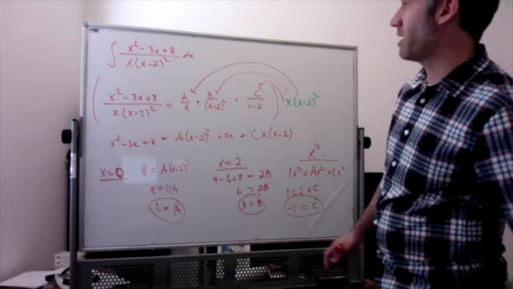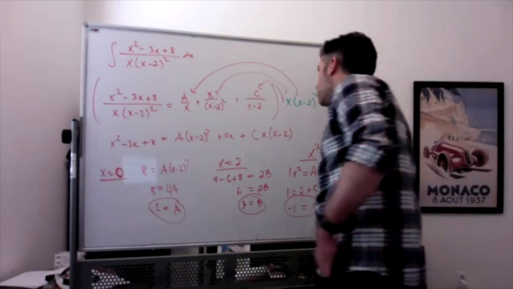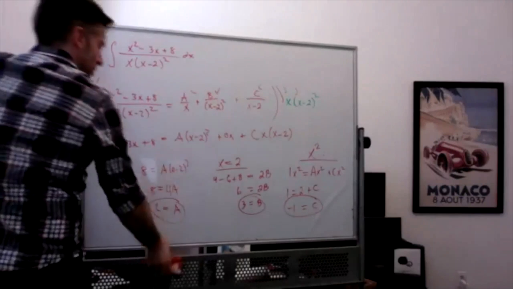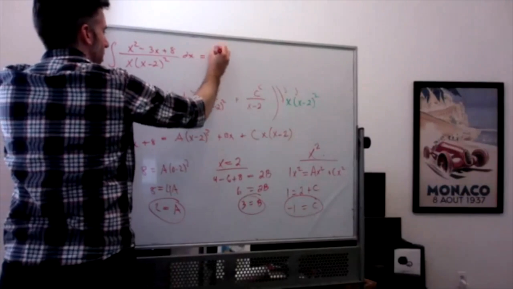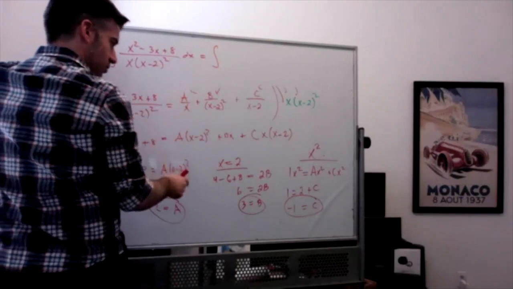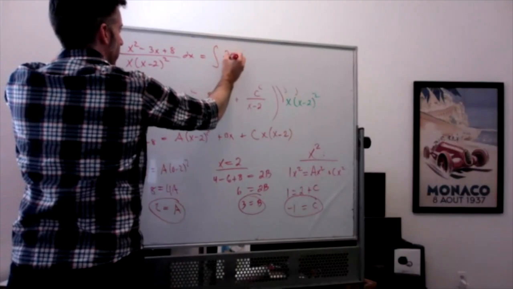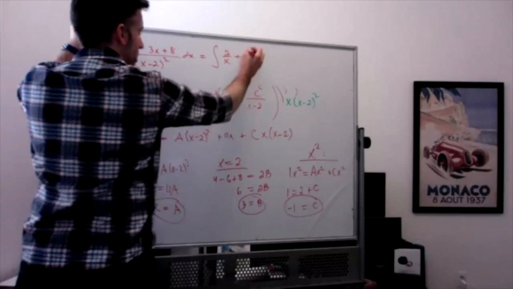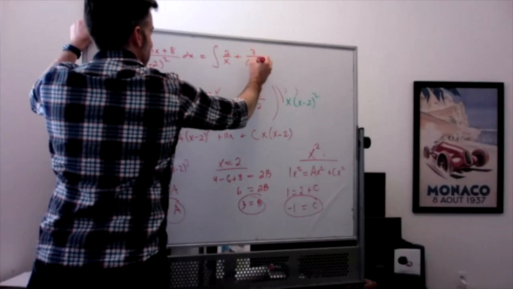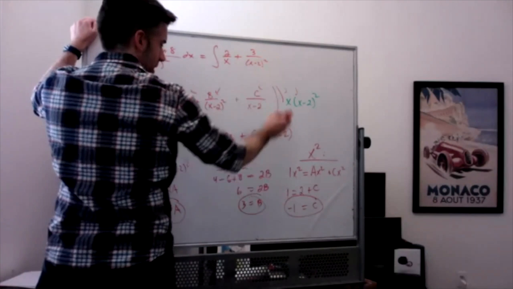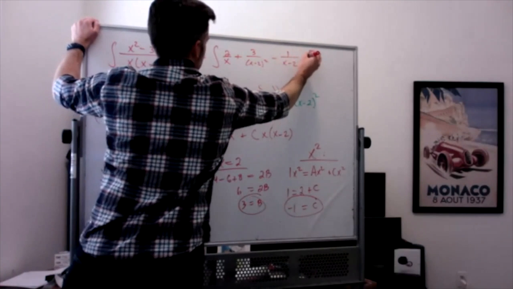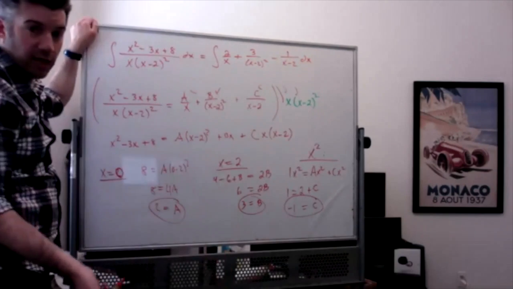And then we have to go back and actually integrate this thing. So we're going to do the integral of a, which is 2 over x, plus b, which is 3 over (x minus 2) squared, minus 1 over x minus 2. That's what we now have to integrate.